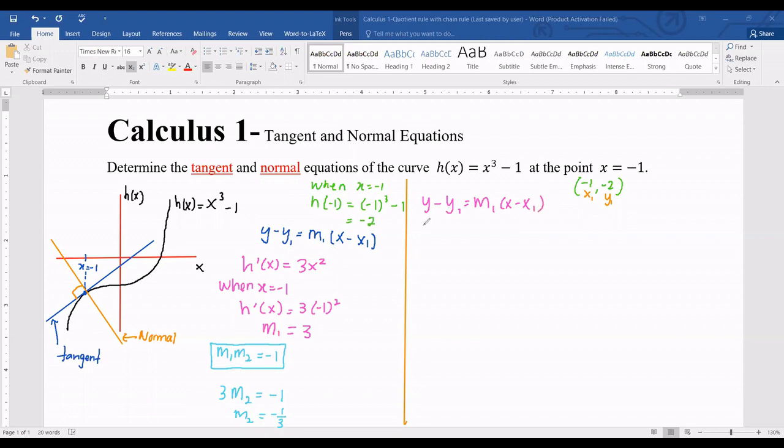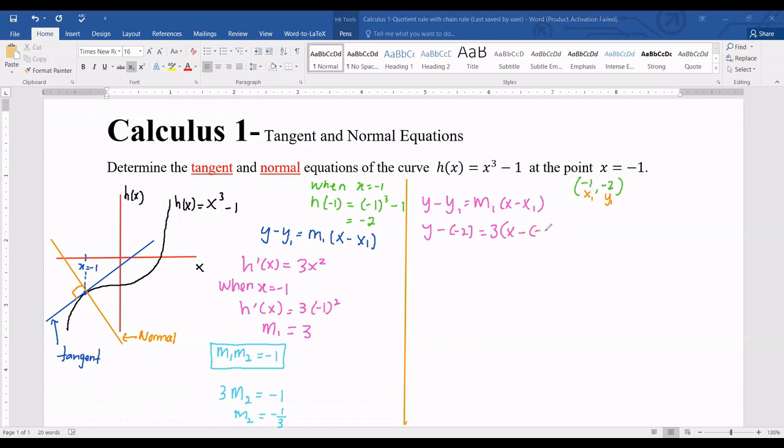So now for y minus y1, you can substitute the minus 2 over there, so in the bracket minus 2. And m1, we know that just now we got 3, so we just plug in the 3 over here. And then x minus x1, we know that x1 is minus 1.